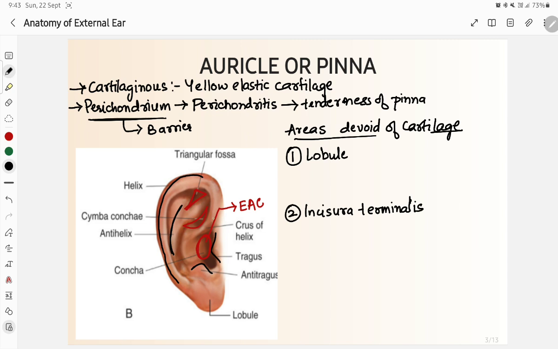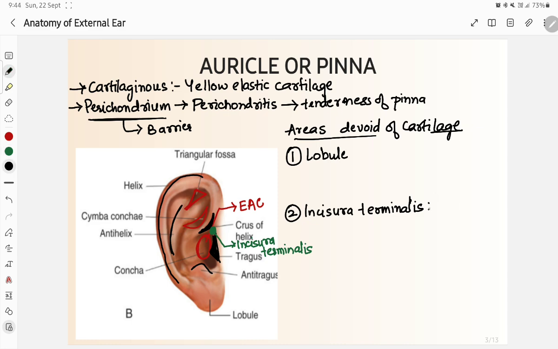Look at this diagram. Can you find the crus of helix here? And here we have our tragus. So the area between this crus of helix and tragus is called as incisura terminalis.